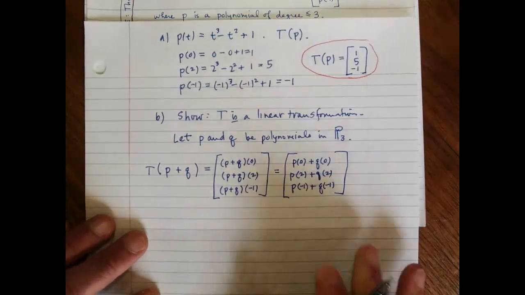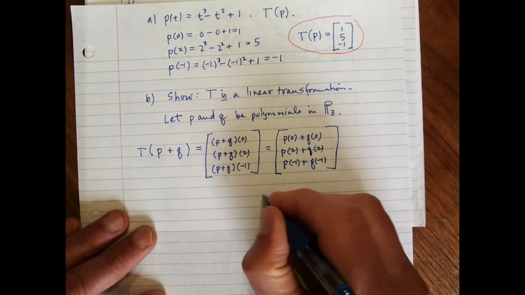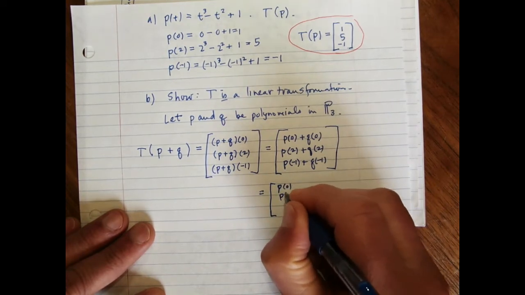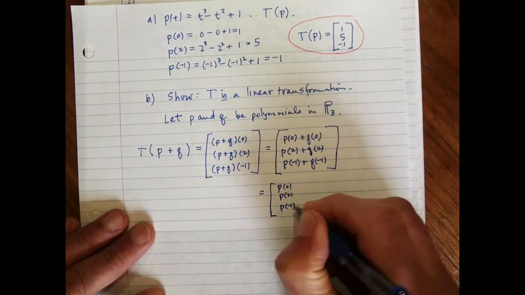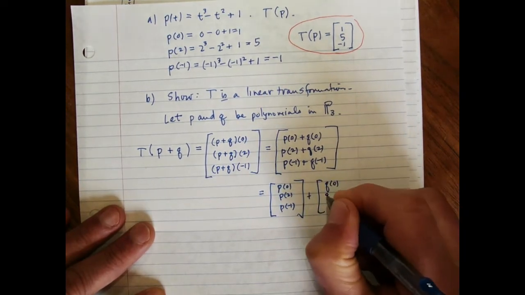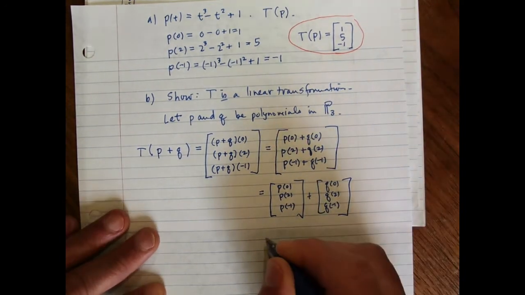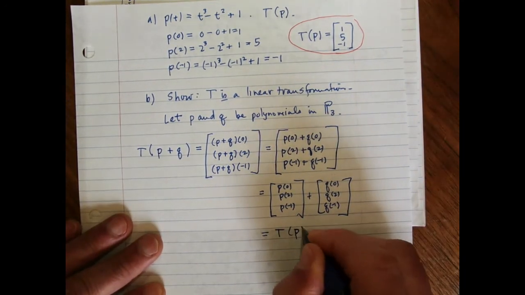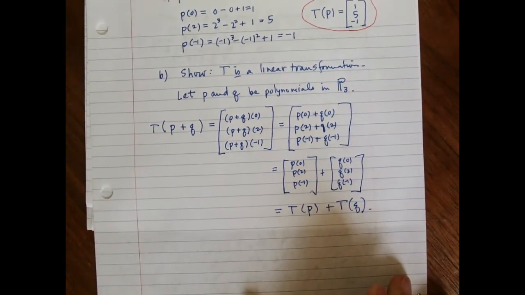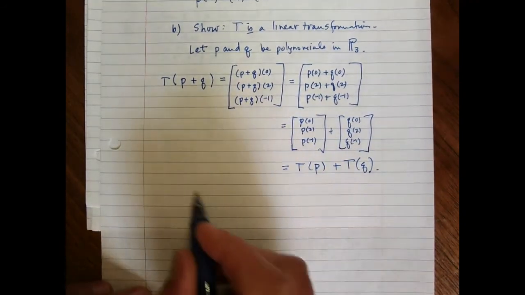And now as column vectors in R3, we can say this is P of 0, P of 2, P of -1, plus Q of 0, Q of 2, Q of -1, which is T of P plus T of Q. And we've got our first requirement for being a linear transformation satisfied.